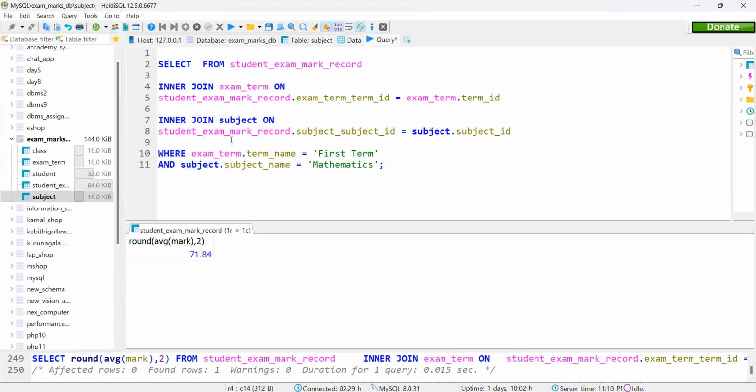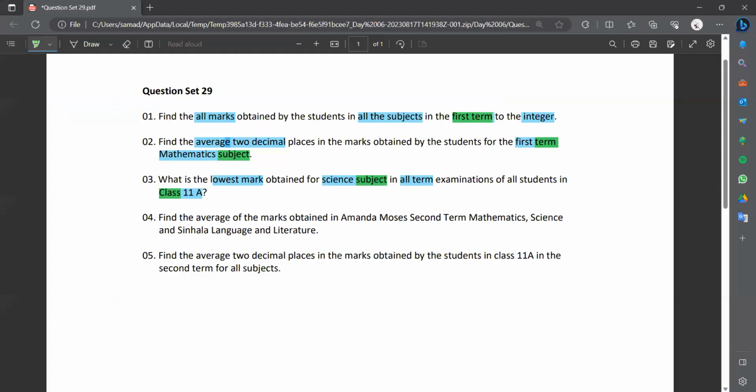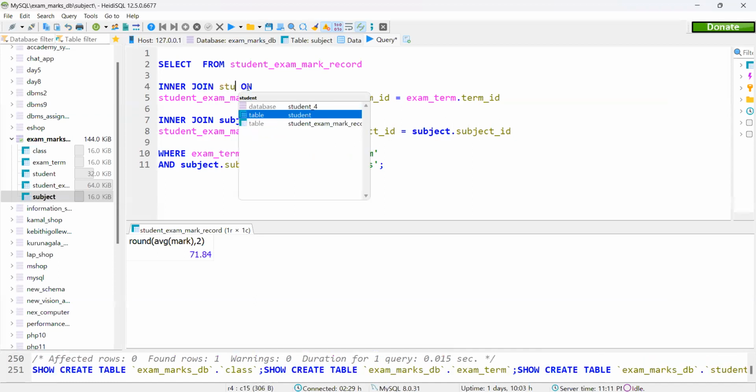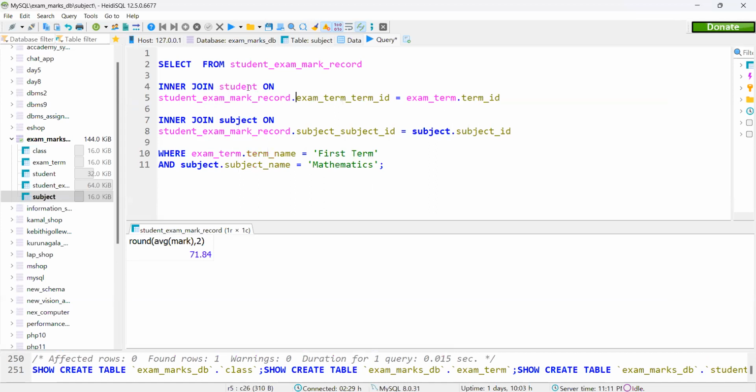We have term table. Let's see. We need subject and class tables. We have subject and class. We can't get class directly, therefore we get it from the student.